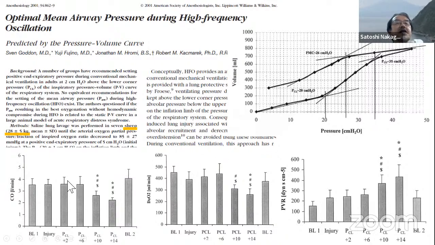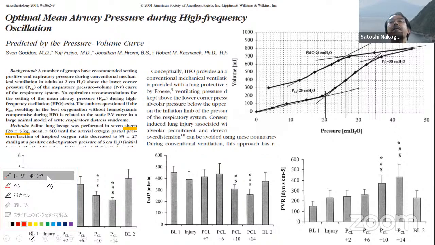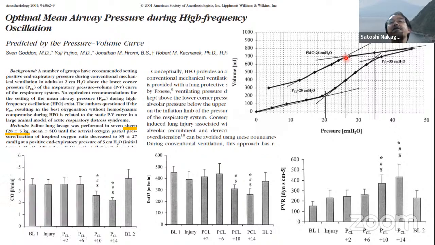As you can see, the cardiac output was maintained up to 6 centimeters higher than the lower inflection point, which is located here. Above this level, the lungs are hyperinflated, and as a consequence, the cardiac output decreases.